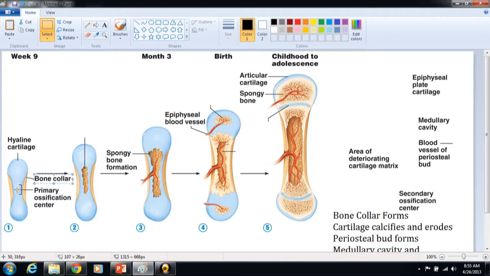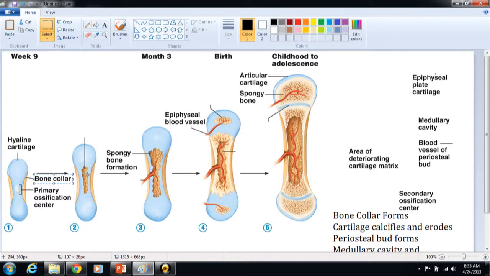Okay, and as the cartilage grows, the different ossification centers happen as well. So in the first step, the main thing is the bone collar is formed over the hyaline cartilage precursor to the bone.